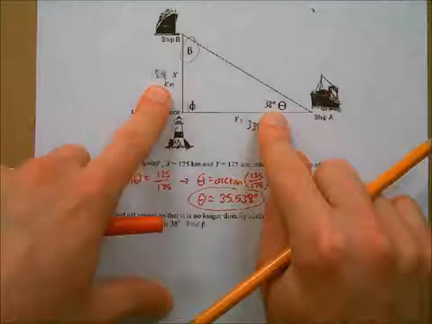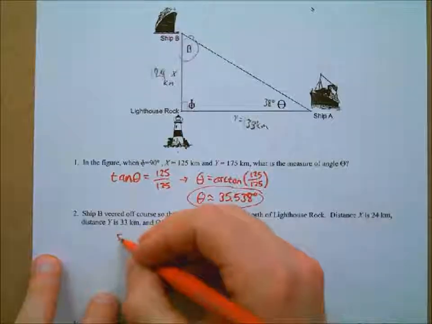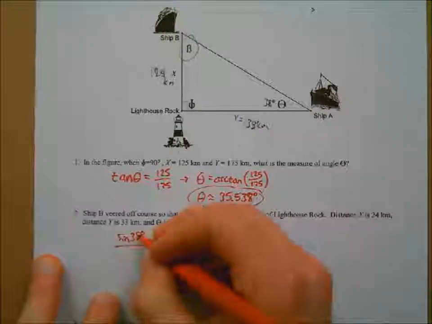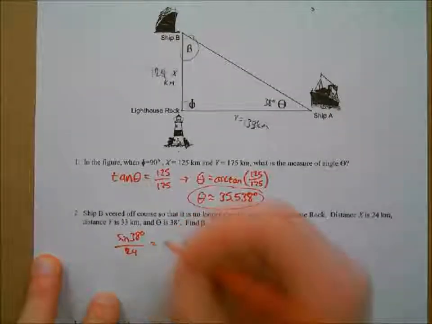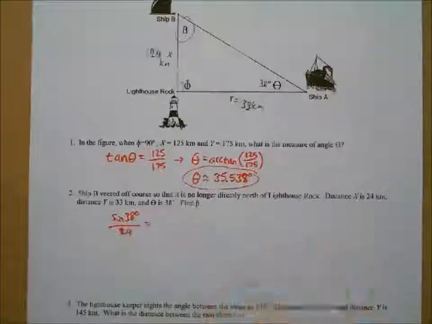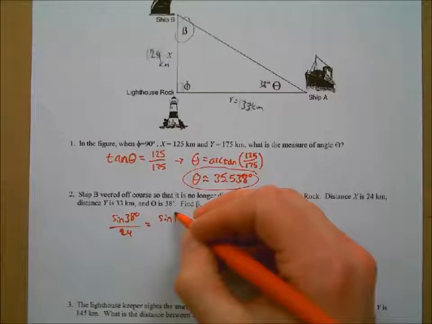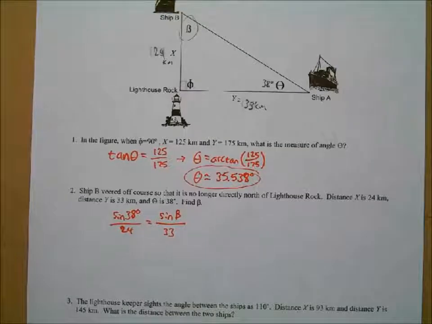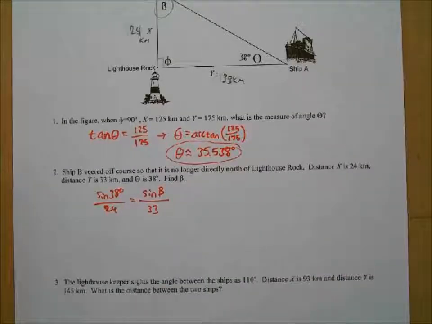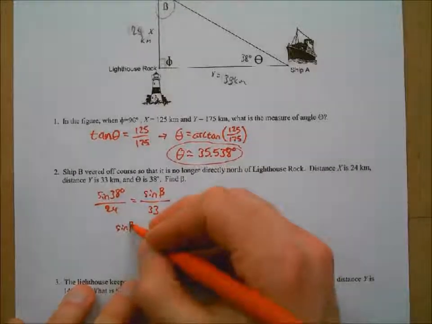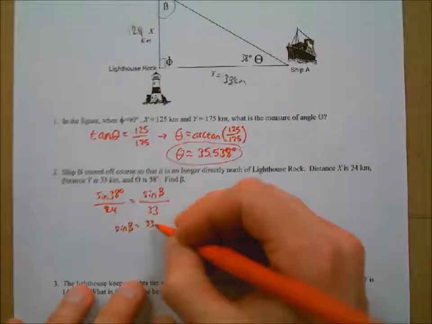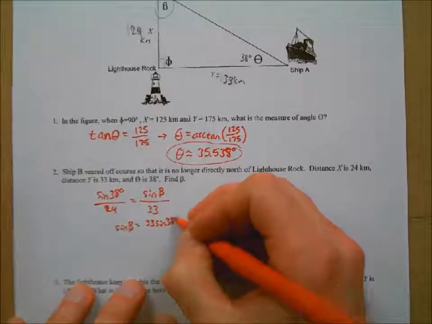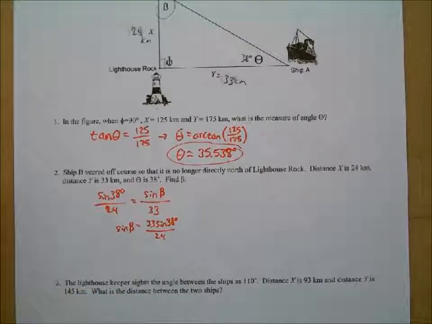So we'll write sine 38 over 24 equals, and then we're going to solve for beta, so sine of beta over 33, right? Cross multiply and solve here, so we get sine of beta equals 33 sine 38 over 24.